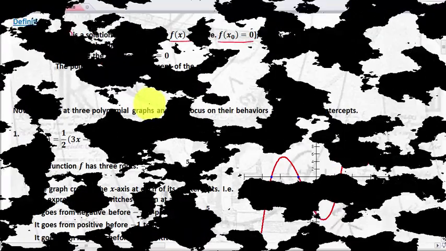Let's begin with the first example. Here is the first polynomial function I want to look at. It's a product of 4 factors, 3 of them being variable factors and 1 of them a constant.